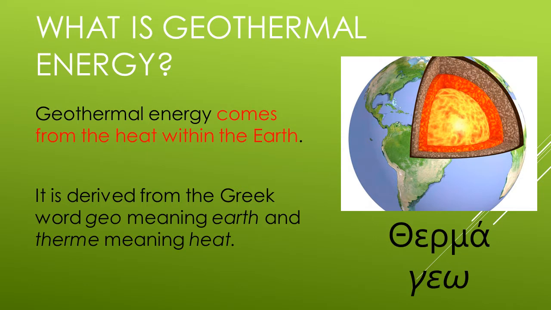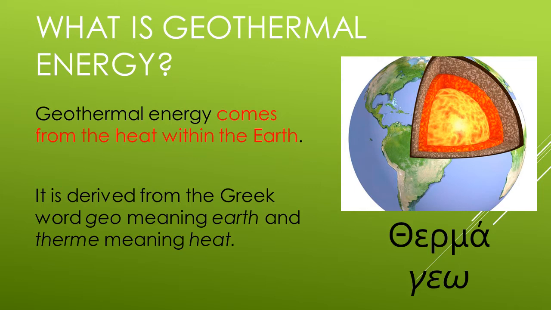So to begin, what we need to understand is that geothermal energy comes from the heat within the Earth. Now, as we learned last term, the center of the Earth, the core, is molten hot. It is liquid hot metal.